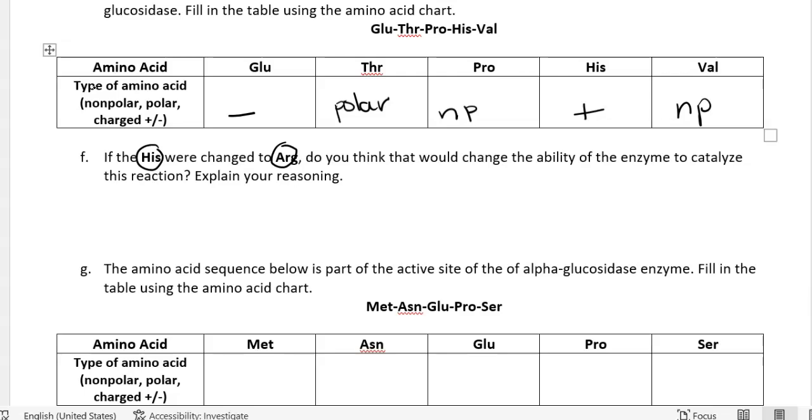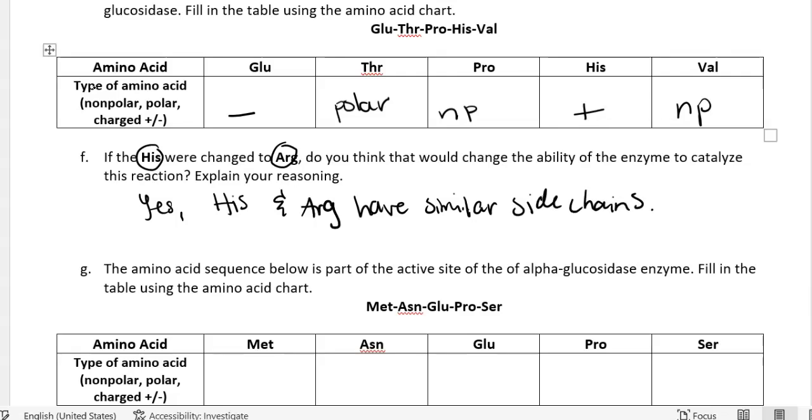They're also not near the active site. So most of y'all said yes, it would still be able to catalyze the reaction because his and arg have similar side chains.